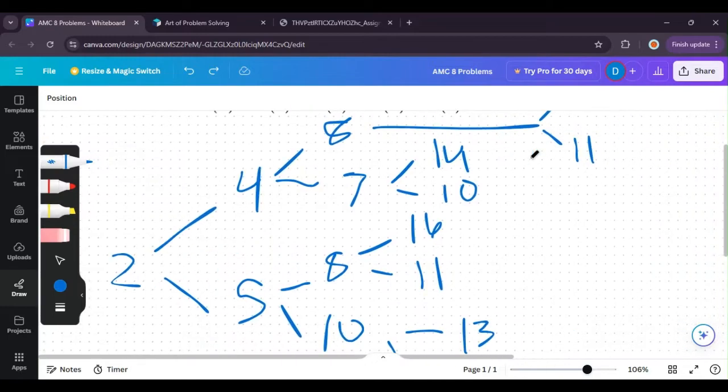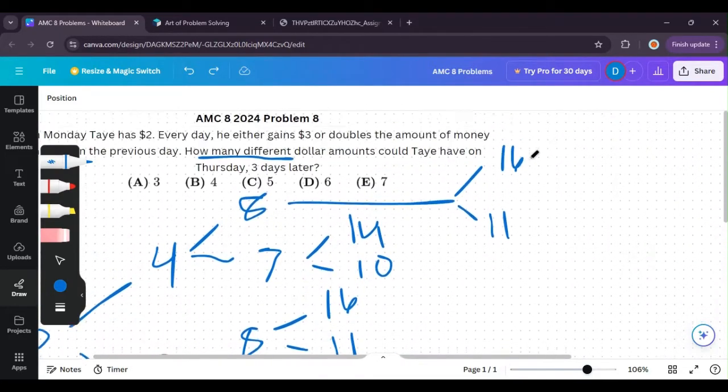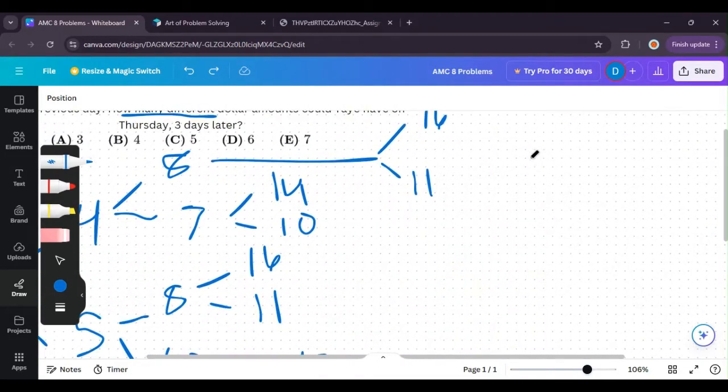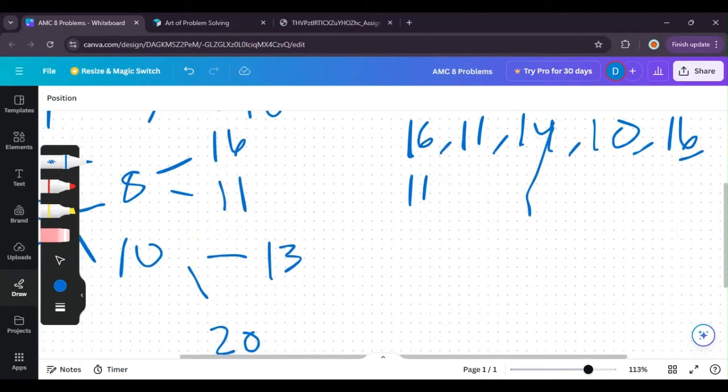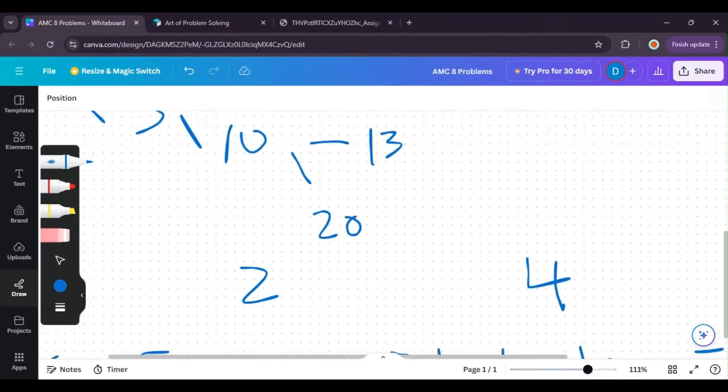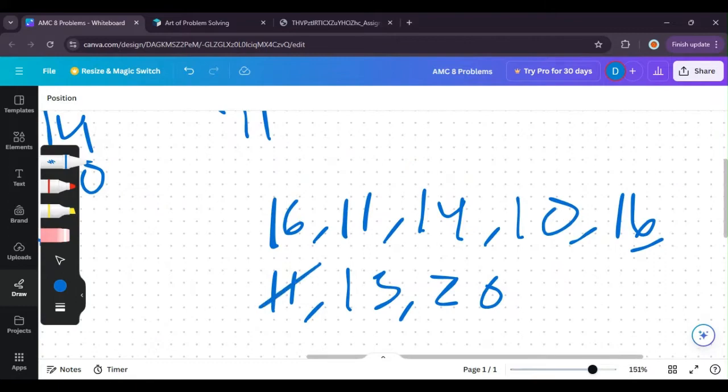And so the possible outcomes, we're going to start from the top. It can be 16, 11, 14, 10, 16, 11, and 13, and 20. And obviously, we're not going to count the overlaps. So we want to make sure that there's only one 11 and one 16.